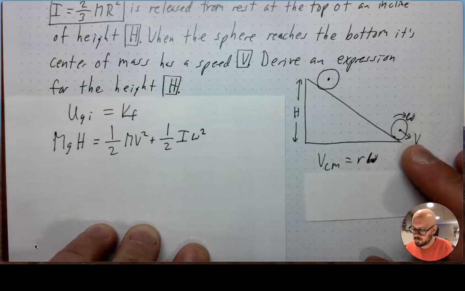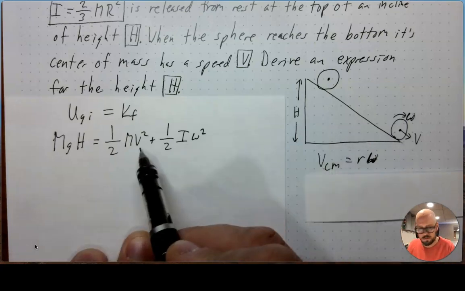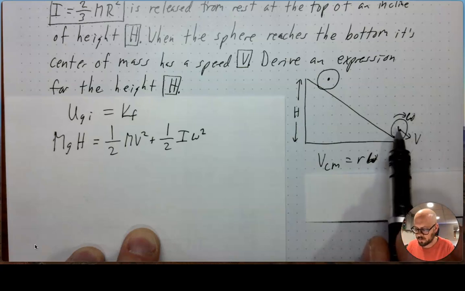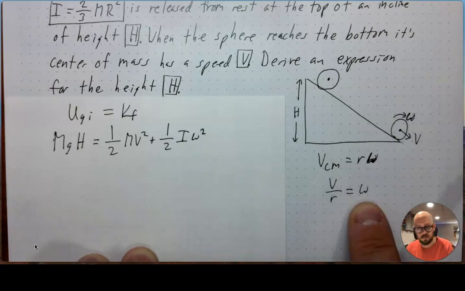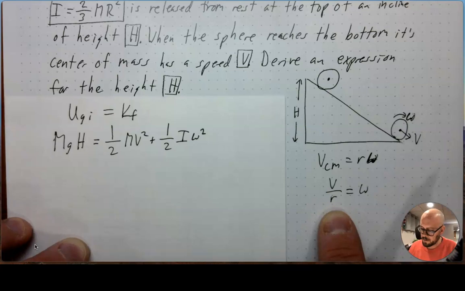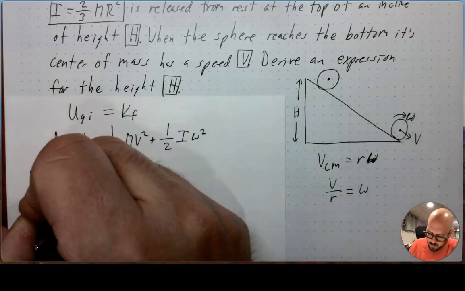And I have an equation for that. The velocity of the center of mass of the wheel, which is just v, is equal to the radius of the wheel times its angular velocity. So I can make a substitution and say that the angular velocity is equal to the linear velocity divided by r.